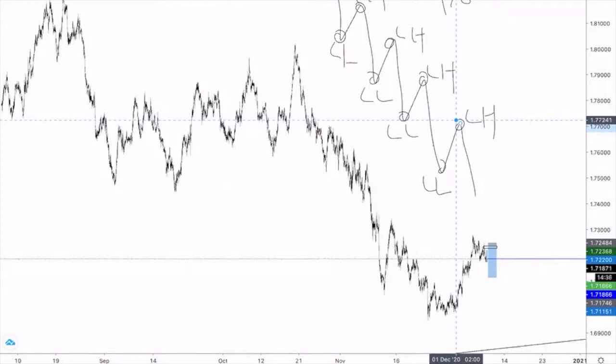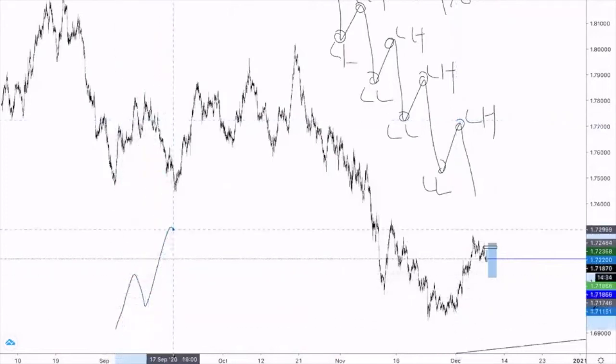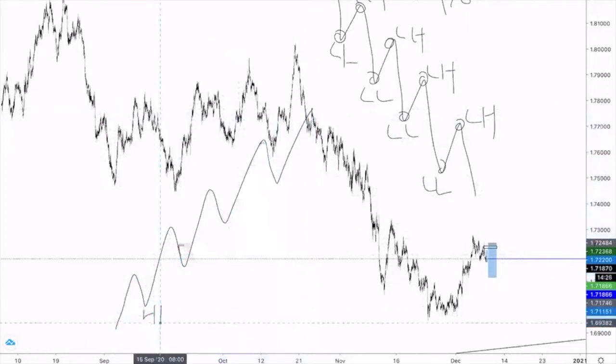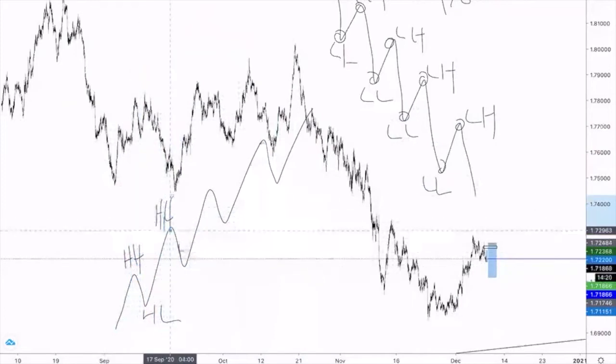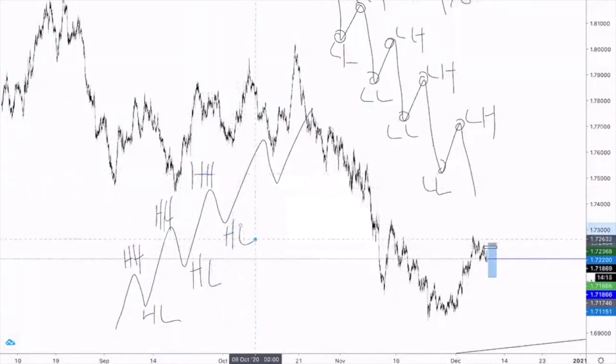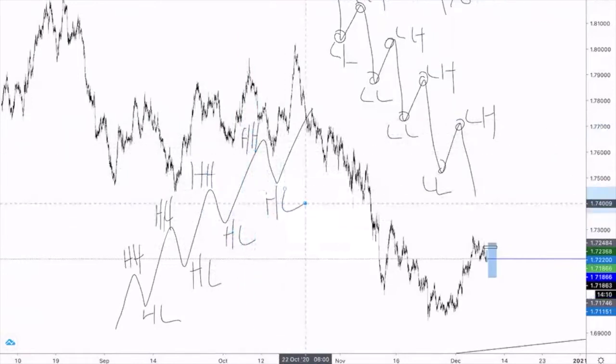This is basically market structure in a downwards trend, because it's creating lower highs and lower lows. So the market is continuing to go down, right? In the opposite, you have the upwards trend. So this would be a higher low. This would be a higher high, a higher high again, a higher low, higher high, higher low, higher high, higher low, right?